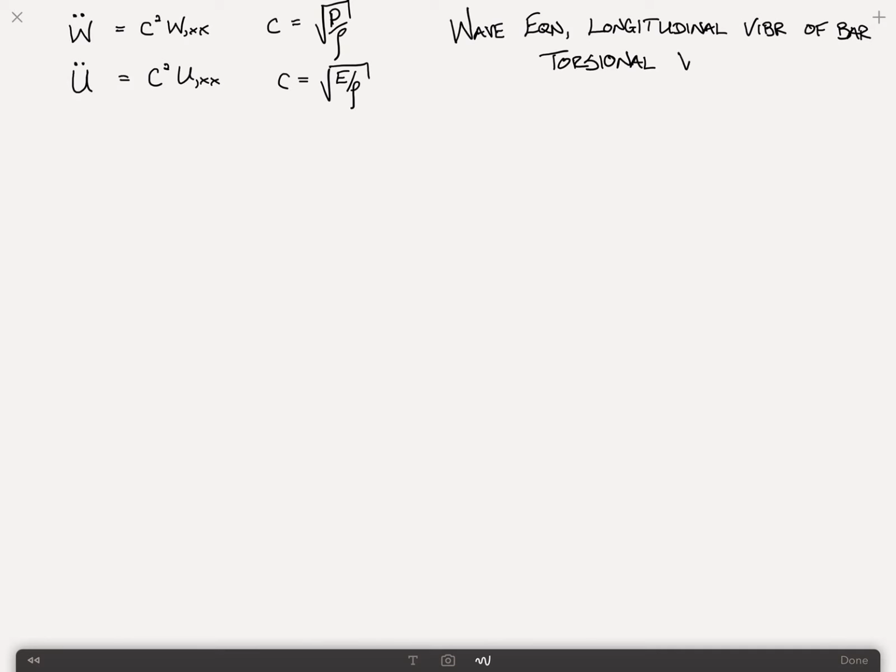Exact same equation, the wave equation. And of course, in this case, we saw it with transverse vibration of a string under tension, I should say.